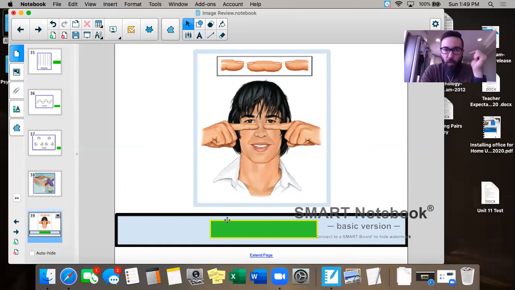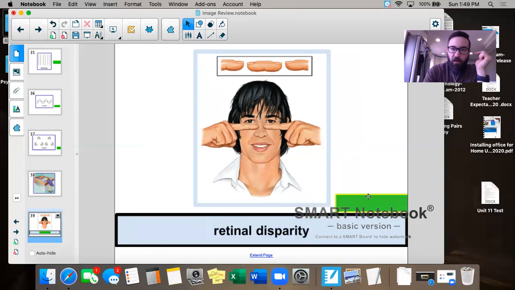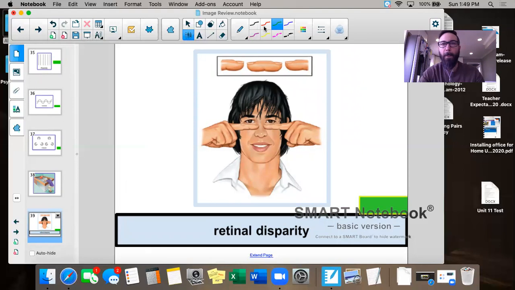And you end up with, if we're talking about the sausage fingers here, because of retinal disparity, let me draw on it, where you end up with an overlap in your visual field is where you get that false extra finger thing happening, right?